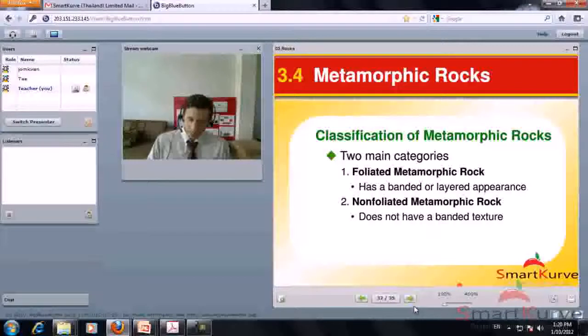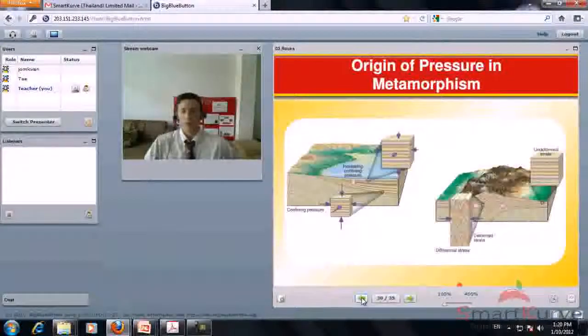Just like with igneous rock and sedimentary rock, we break down metamorphic into two main types. That's foliated or non-foliated. Foliated just means it has the bands. Remember, you could see our metamorphic rock on slide 30.